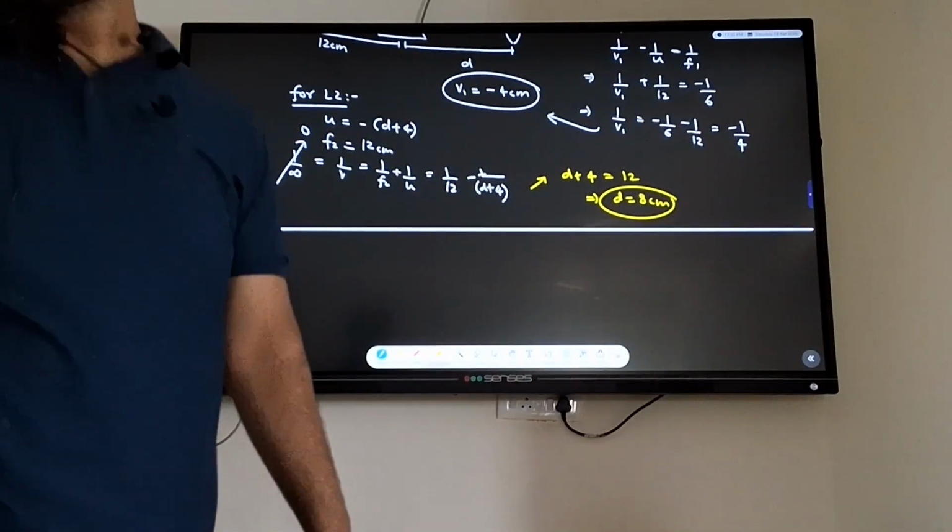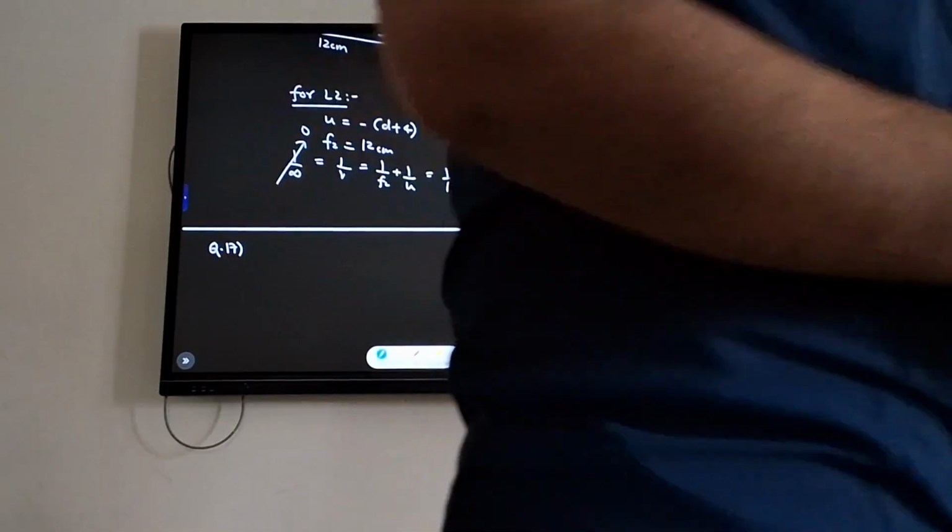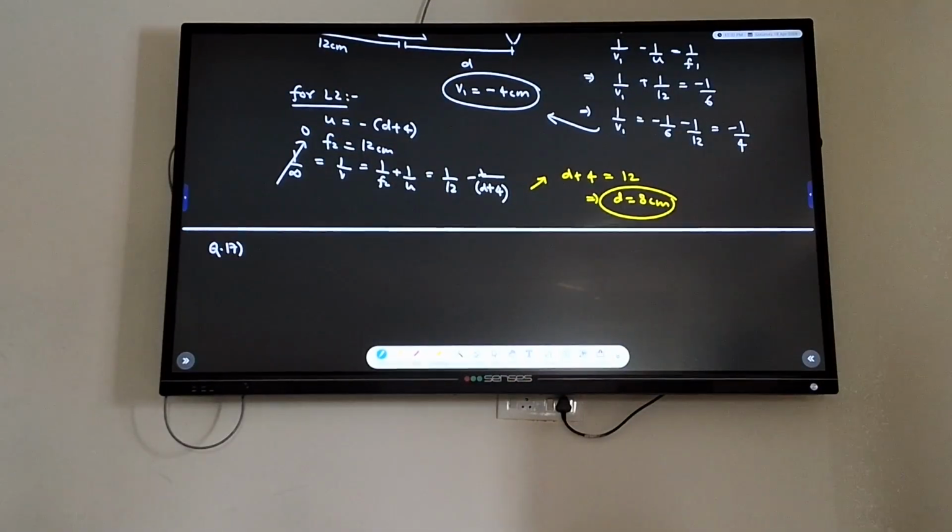Magnification is 5. इसमें बुला रहा था 2 minutes left, then I will start.